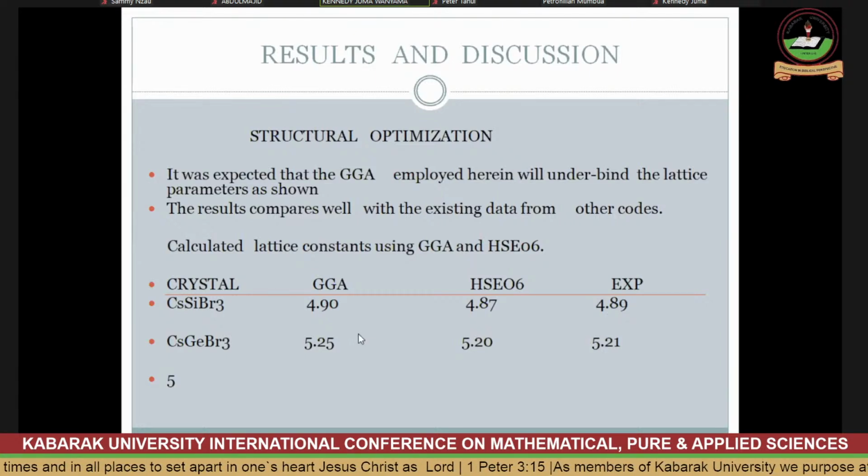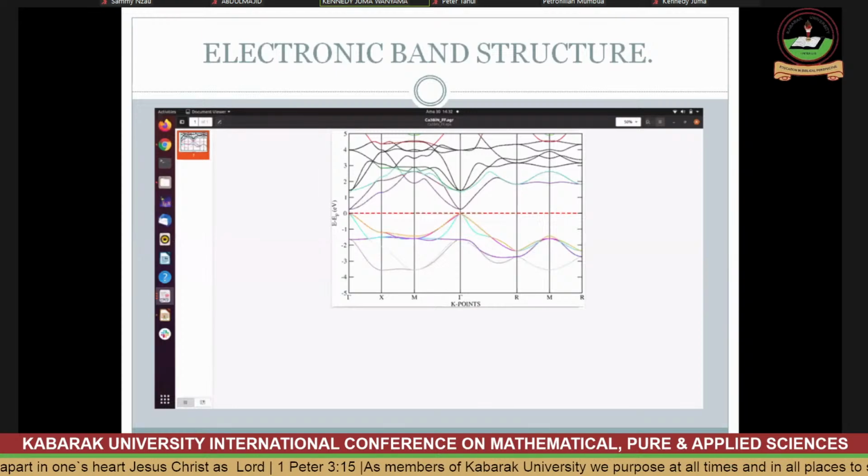When you look at the GGA values for the cesium silicon bromide, the data is 4.8. So when you look at these results, they show a comparison which is very, very clear.